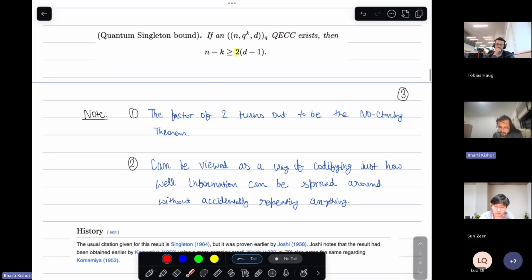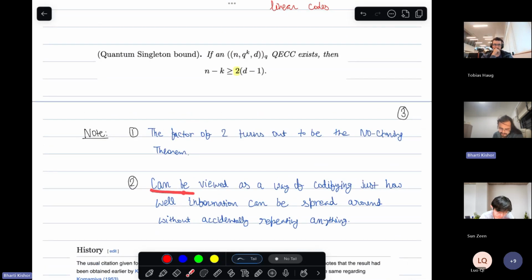And you can think of this singleton bound as a way of codifying just how well information can be spread around without accidentally repeating anything, because repeating is not possible, that's what the no cloning theorem says.